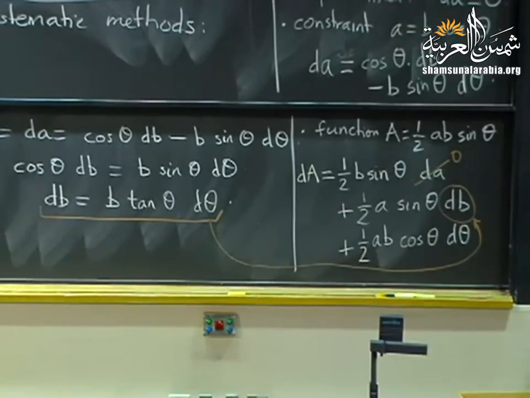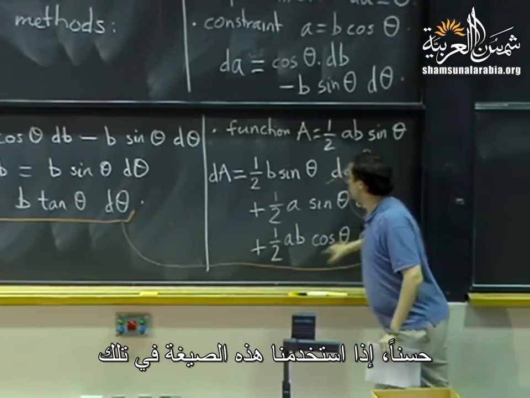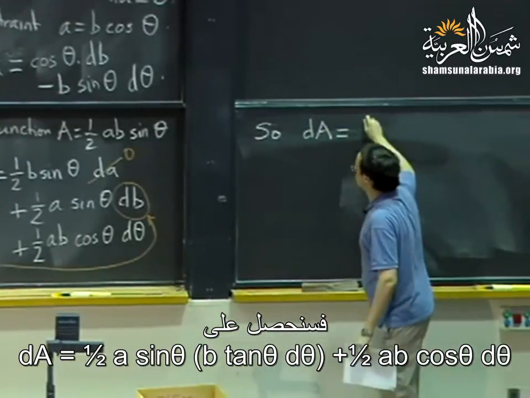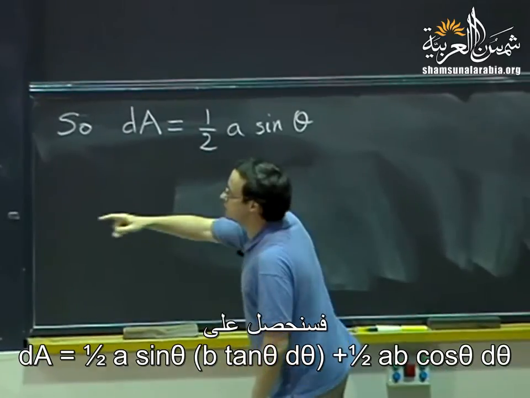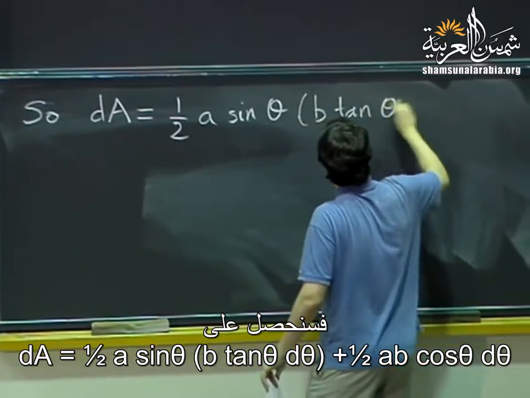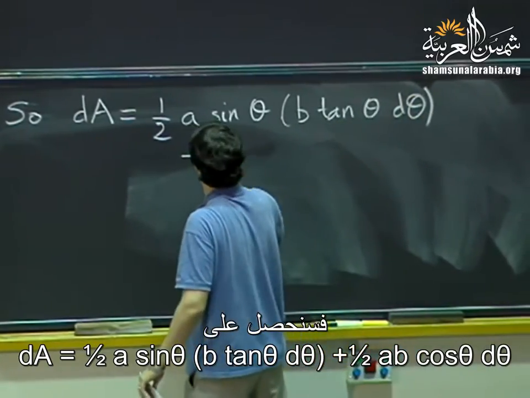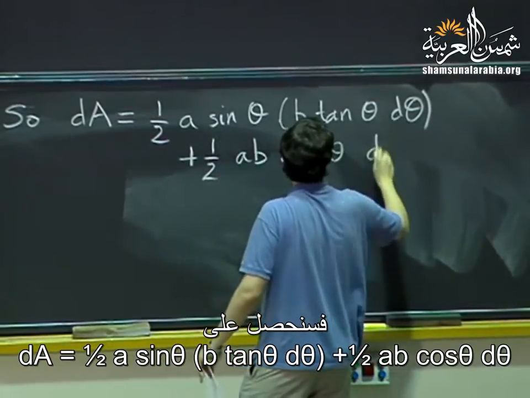So if we plug this one into that one, we get dA equals 1/2 a sine theta times b tangent theta d theta plus 1/2 ab cosine theta d theta.